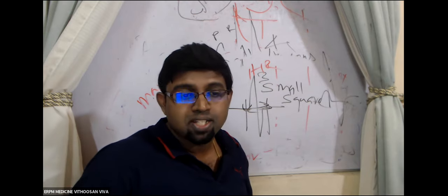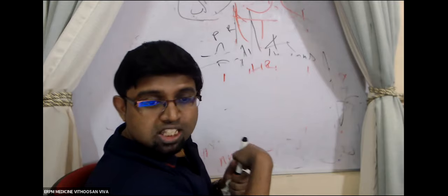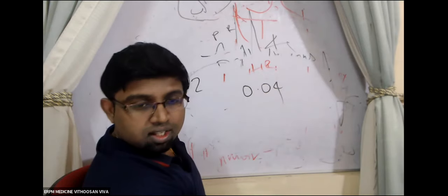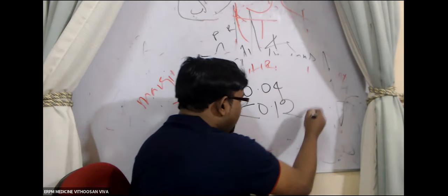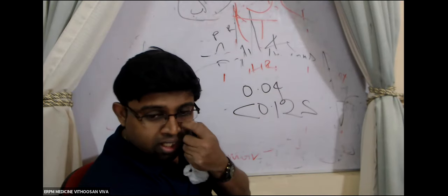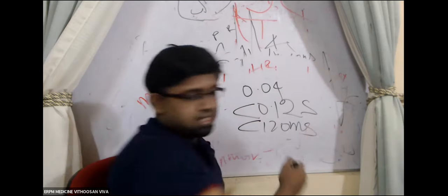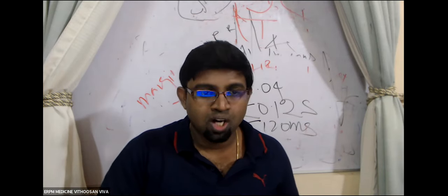One small square is how many seconds? 0.04 seconds. So the normal QRS is less than 0.12 second, that is less than 120 millisecond. Clear?